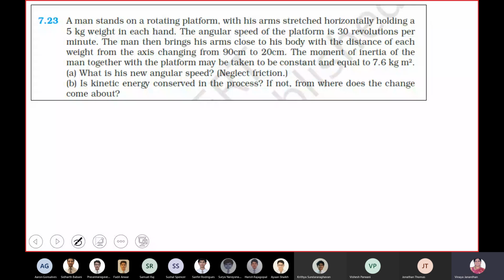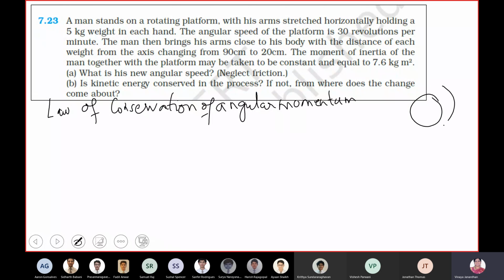Okay, boys. So, see, law of conservation. I have to go for the PowerPoint presentation. Law of conservation of angular momentum. Now, what does it mean? Suppose a body is rotating at a certain angular speed.